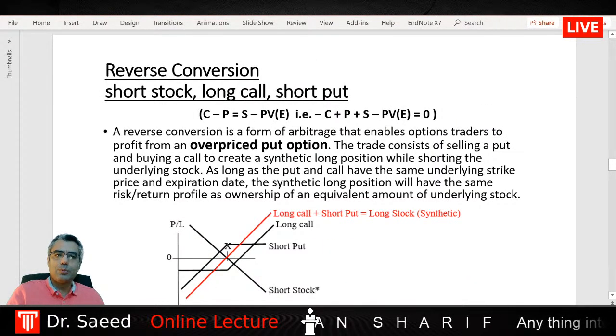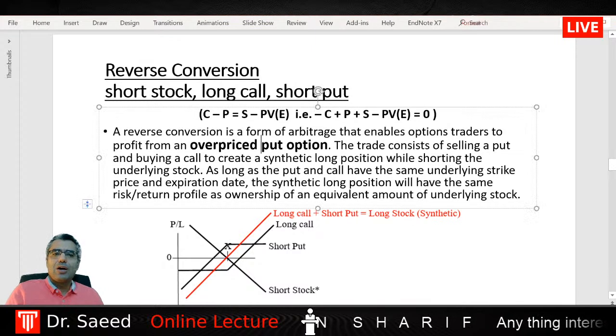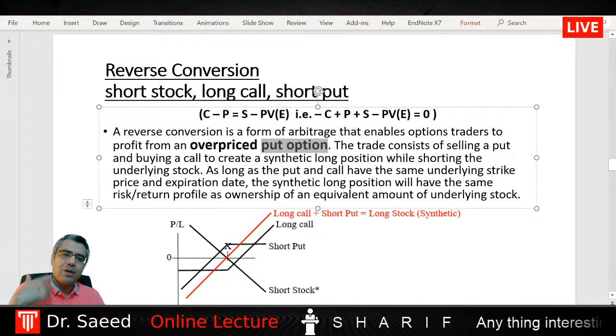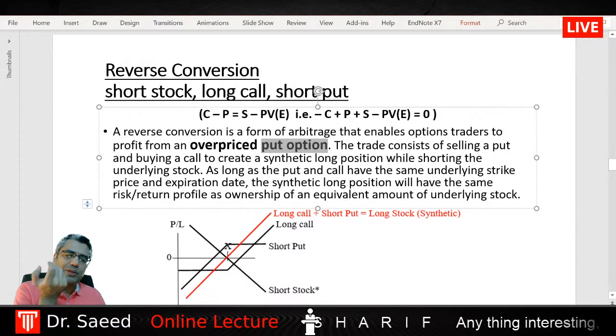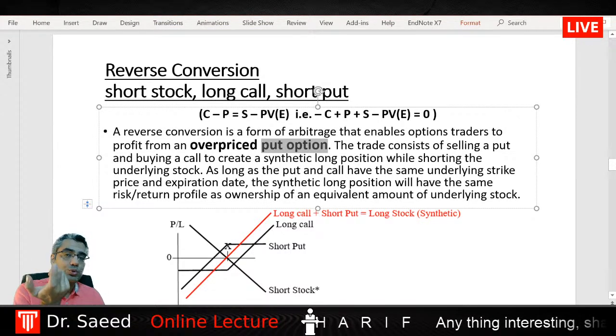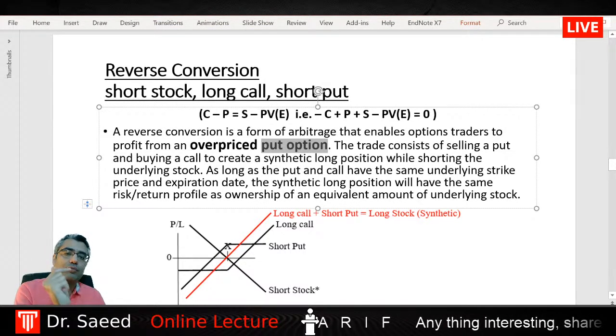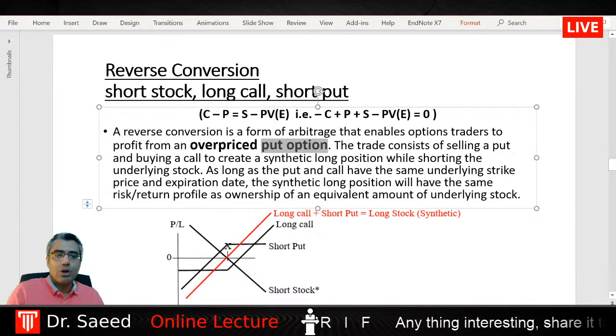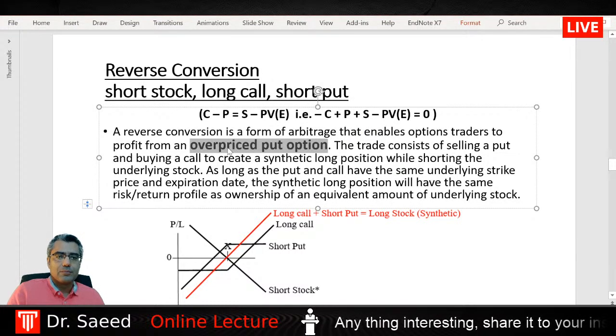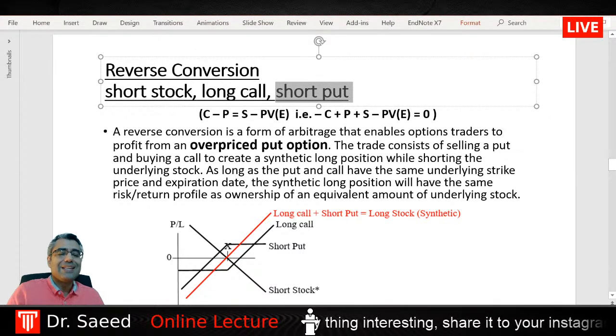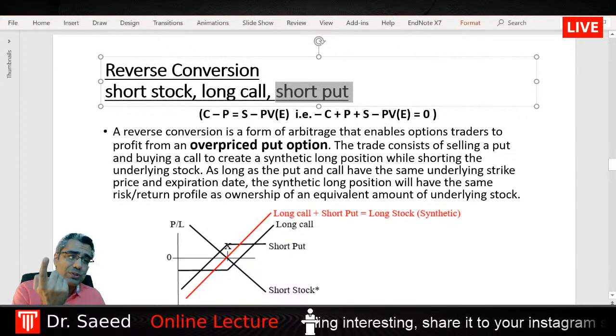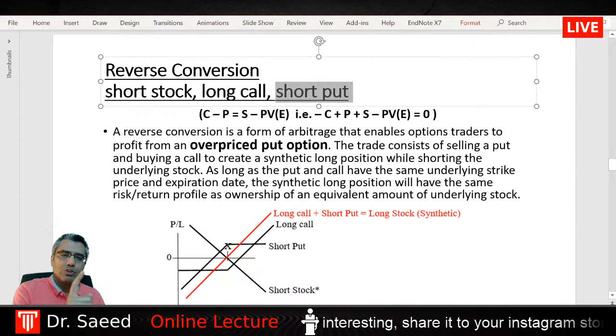And here, for reverse conversion, this means when you find any overpriced put option, what do you do? If you want to use arbitrage strategy, if you find an overpriced put option, of course, you short put. Here, short put. So you short put, then now it's arbitrage. So you need to offset your position with any strategy that you know.